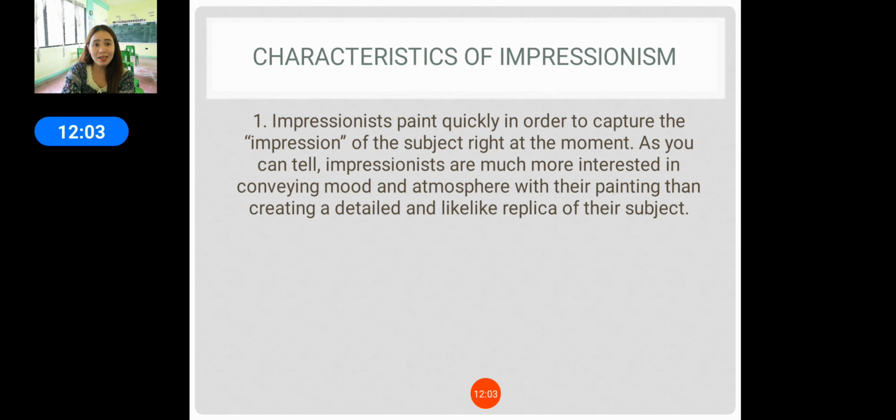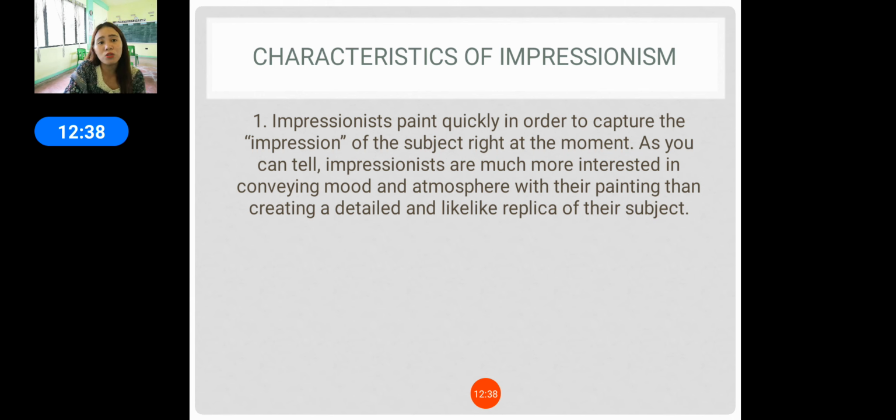So that is, Impressionists paint quickly in order to capture the impression of the subject at the very moment. That's why impressionistic or modern art must be painted in quick time, so that they can capture the impression of that particular moment. As we can tell, Impressionists are much more interested in conveying mood and atmosphere than creating a detailed replica of their subject.